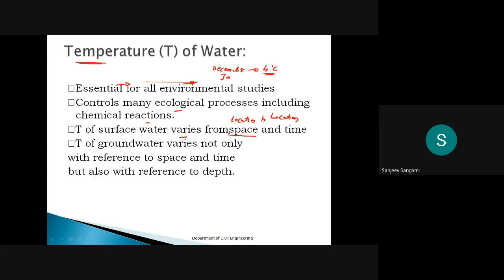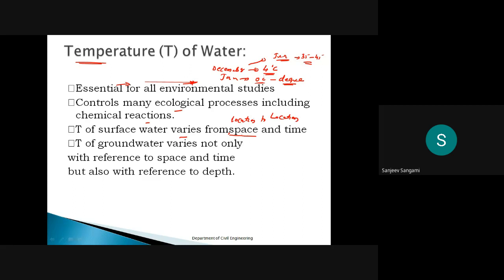In January, sometimes it will go to 0 degrees centigrade or even some minus degrees centigrade. If you come in June, July, the temperature reaches 35 to 45 degrees centigrade. But in Karnataka there is no such variation that you can observe.